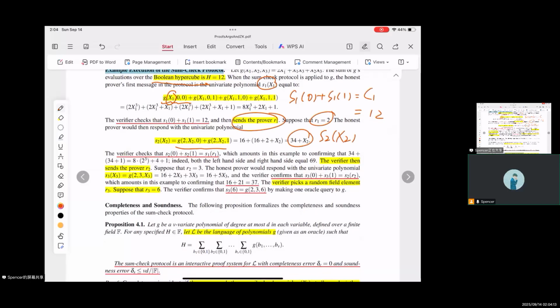And then the same step: the verifier checks that S2(0) plus S2(1) equals S1(R1). For S1(R1), X1 is the variable. But for X2, X2 is the variable, and the other inputs are fixed by summing over all possible values. So these two values should be equal to each other.